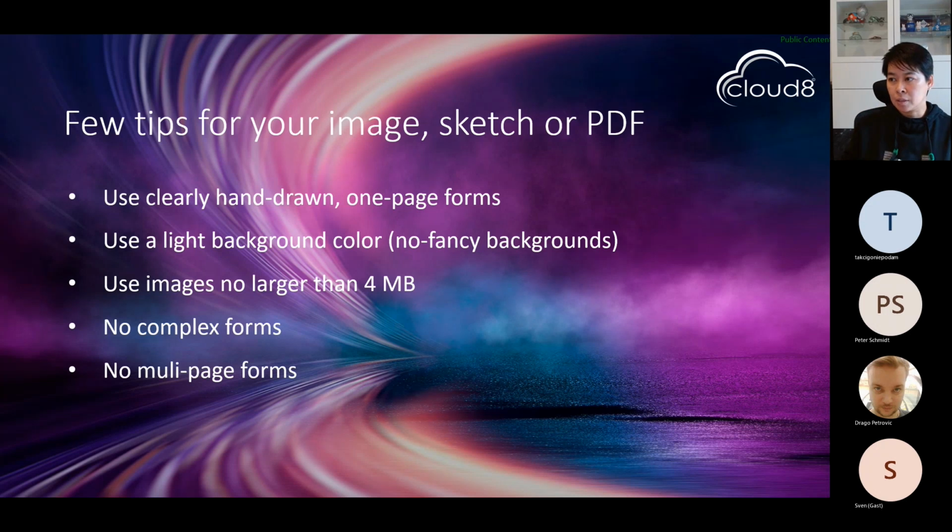Try to use clear hand drawing style elements, and the total size of the image cannot be more than 4 megabytes. And be aware of the background. I have a good example with a light background and a light data type, so that wouldn't be recognized. Complex forms are not really supported, and no multi-pages.